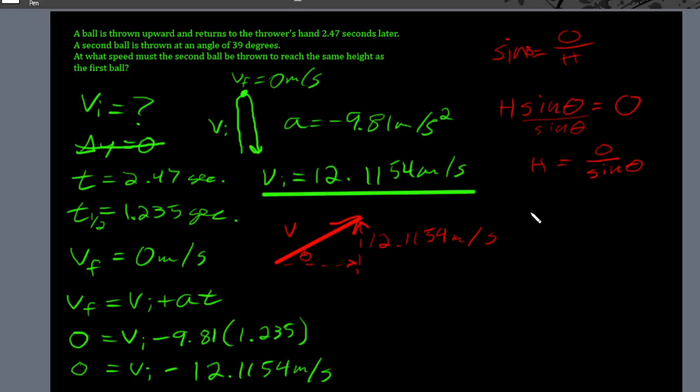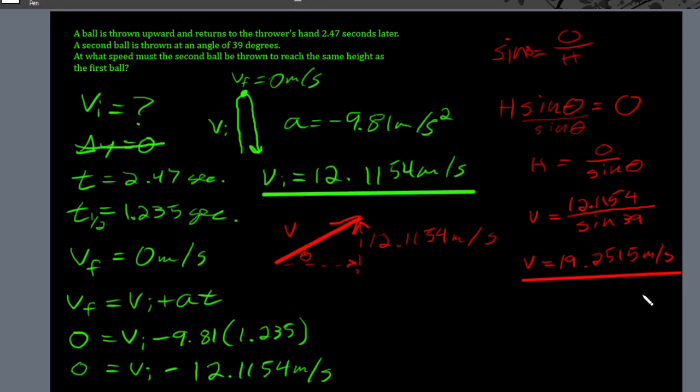So hypotenuse, which is going to be my velocity, is equal to my opposite side, 12.1154, divided by sine 39. When I do the math on that, I get that the velocity ends up being 19.2515 meters per second. And so that is my solution for question number 5.